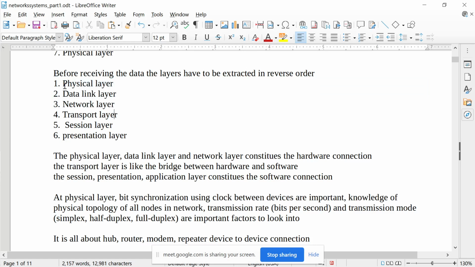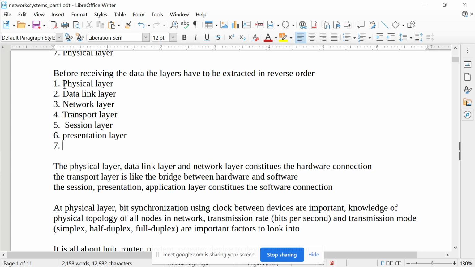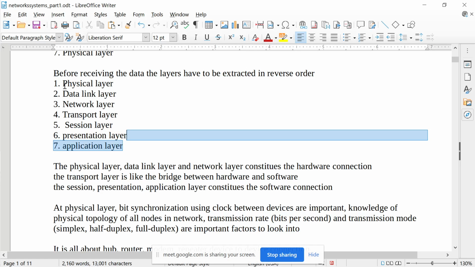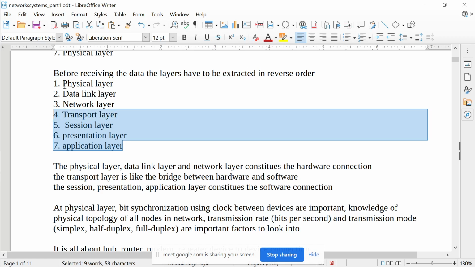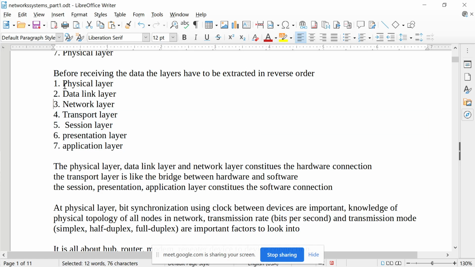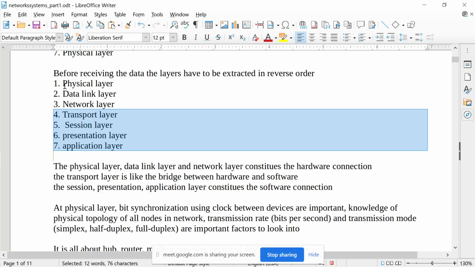Your other layers like your transport, session, presentation and application layers are your software layers. They deal with communication with your software, because ultimately the hardware data has to be converted into software data. So ultimately OSI is a mix of hardware layers plus software layers.